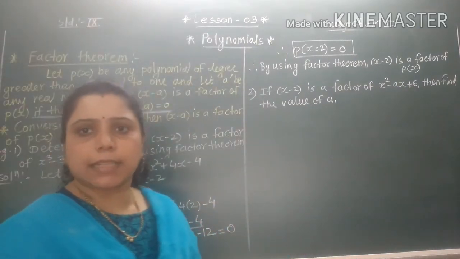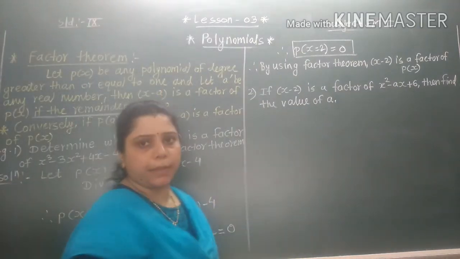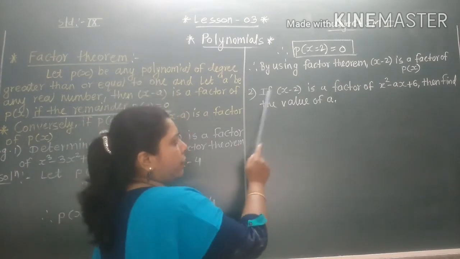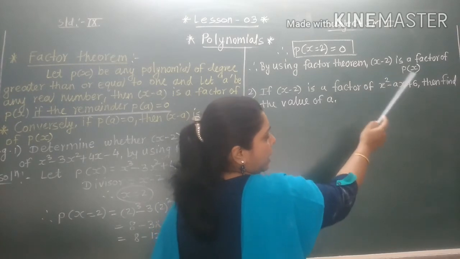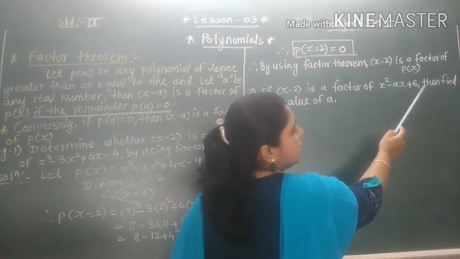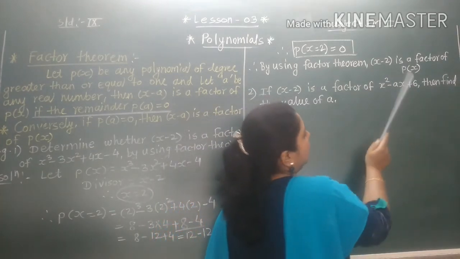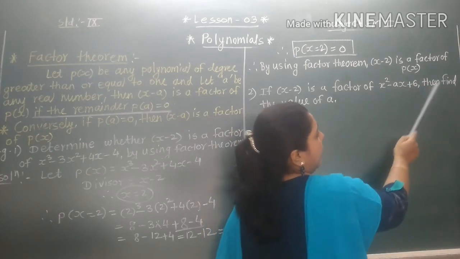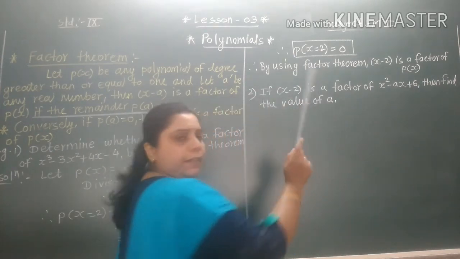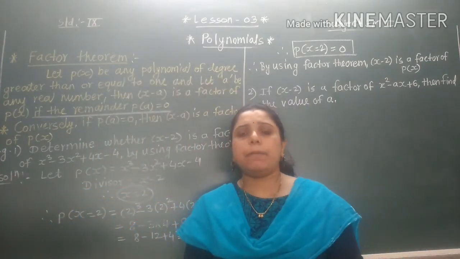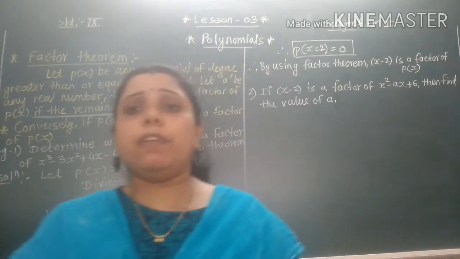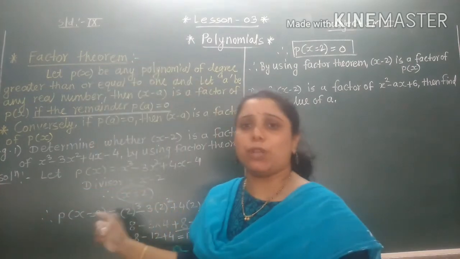Now, the next example is the second example. If x minus 2 is a factor of x squared minus ax plus 6, then find the value of a. I am taking the examples in such a way that you will see the difference between these two questions.